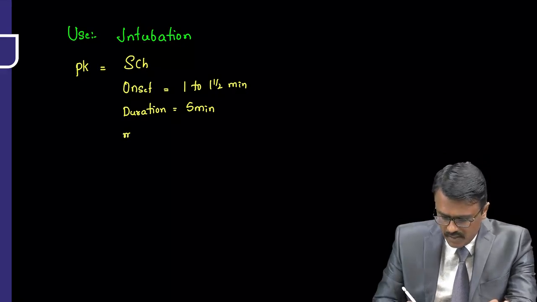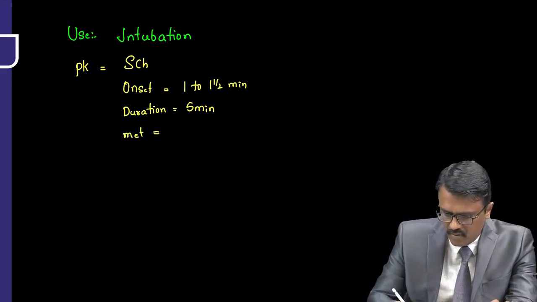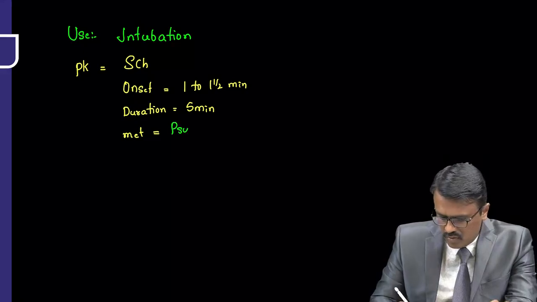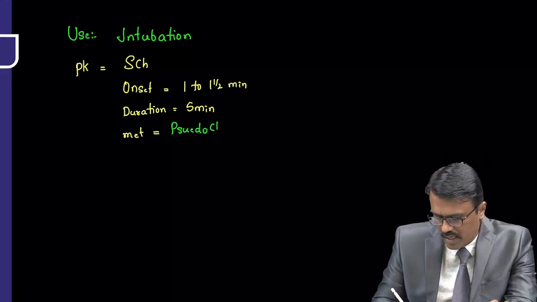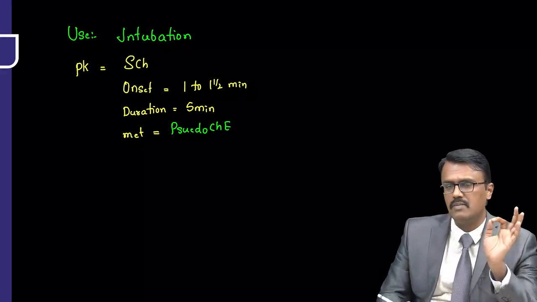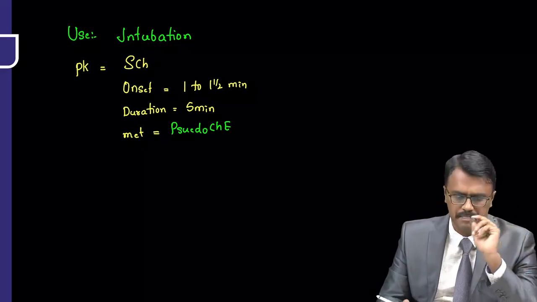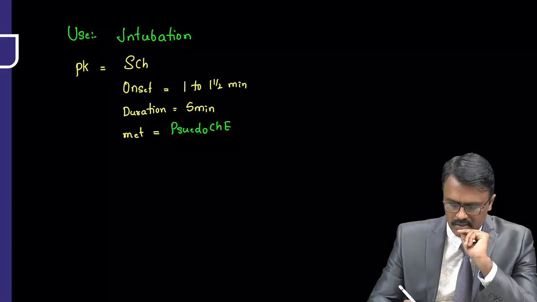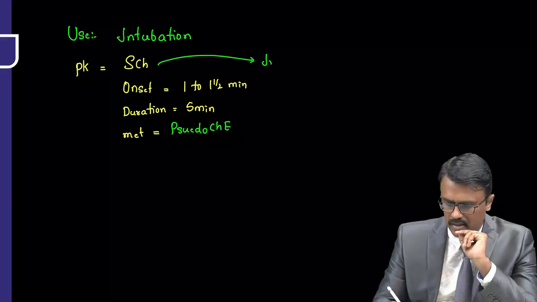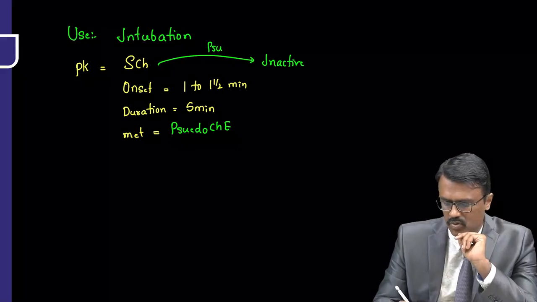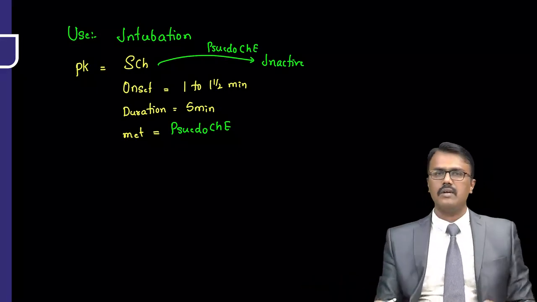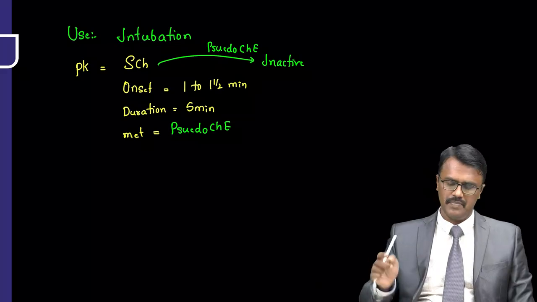It is metabolized by an enzyme called pseudocholinesterase. As soon as you give the drug, it is metabolized faster, so the action is terminated, so you can intubate, then no problem. So succinylcholine is made inactive by the enzyme pseudocholinesterase within 5 minutes, and the drug will not work now, so the patient will not have a problem.